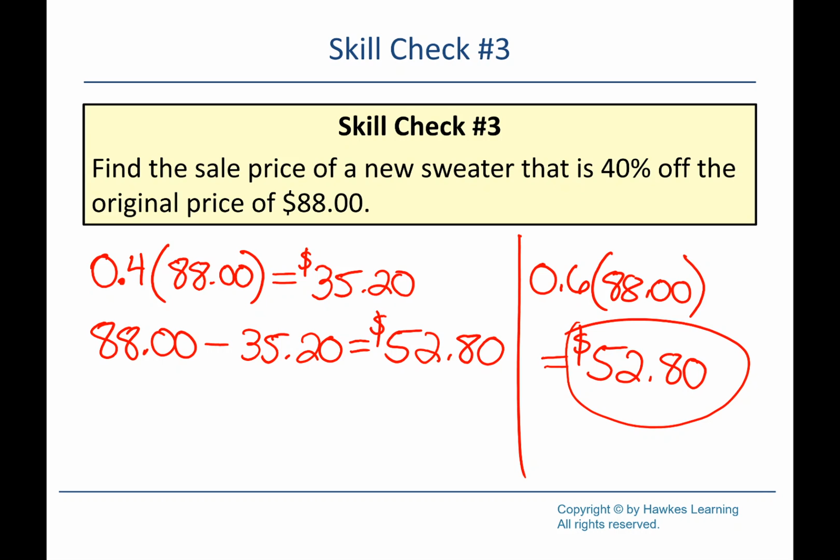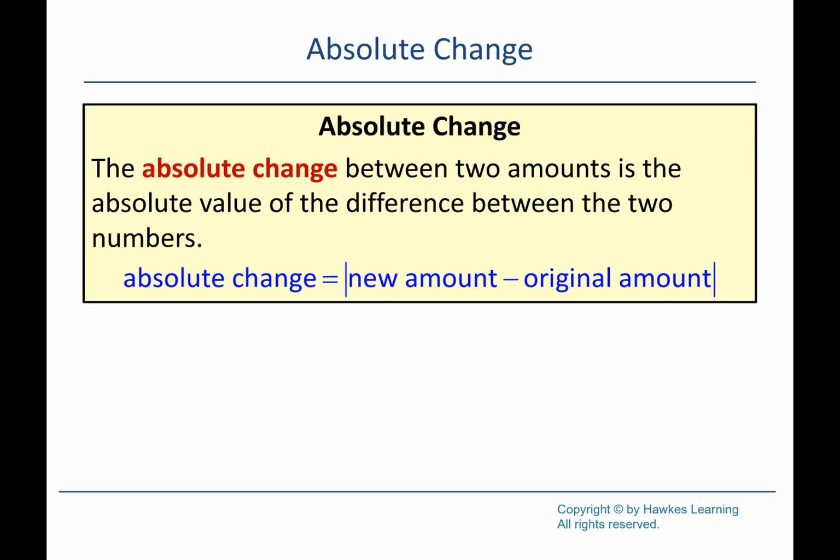Okay, so let's look at something maybe a little less day-to-day here, a little less mundane. Our second objective in this section is to talk about absolute change. And then really our objective is to talk about percentage change. But we have to talk about absolute change first.